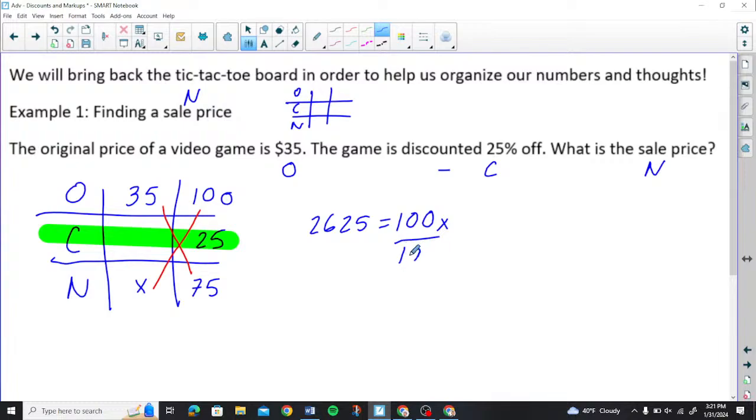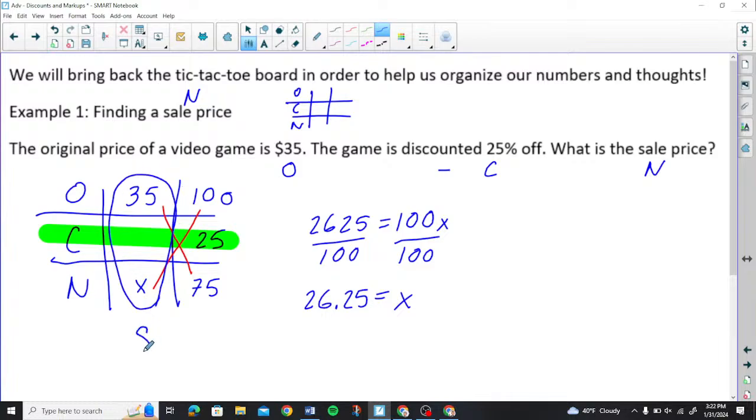We divide both sides by 100, and x is 26.25.